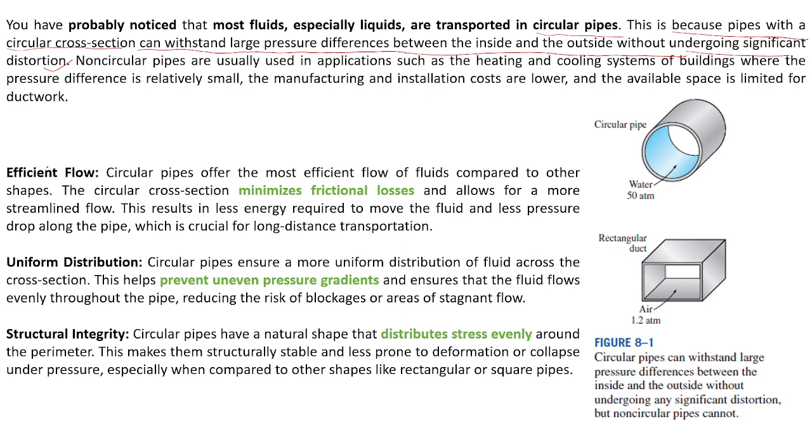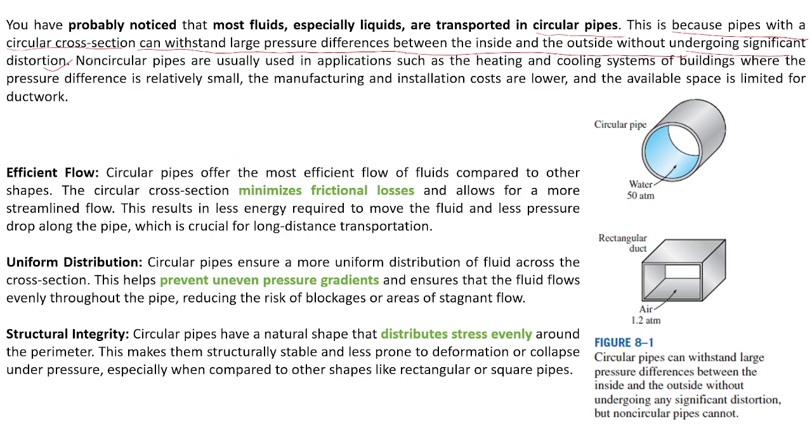This is the main reason why we use the circular pipe for transporting liquid. It is able to withstand the large pressure difference between inside and outside of the pipe without undergoing sufficient deformation.